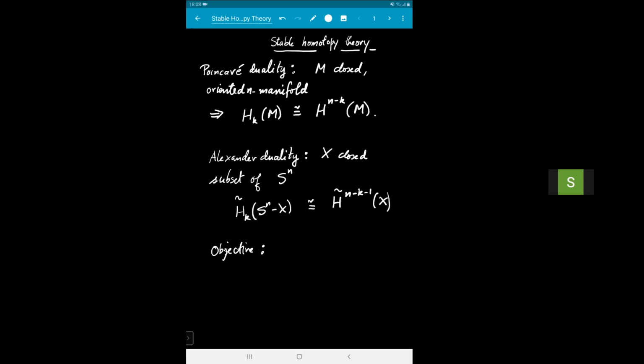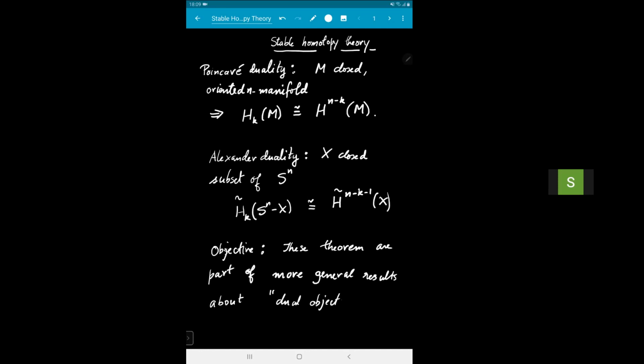Rather, what I would like to say is that these theorems are part of more general results about something we will call dual objects in stable homotopy theory. That is my objective.